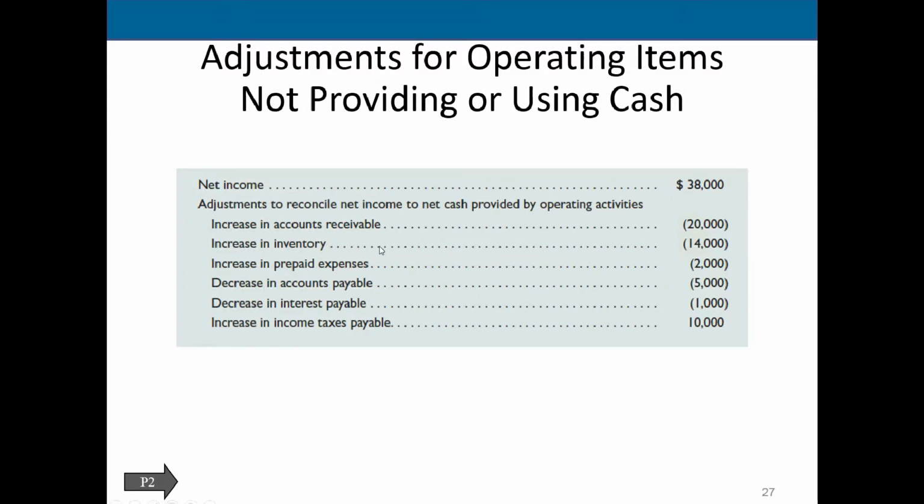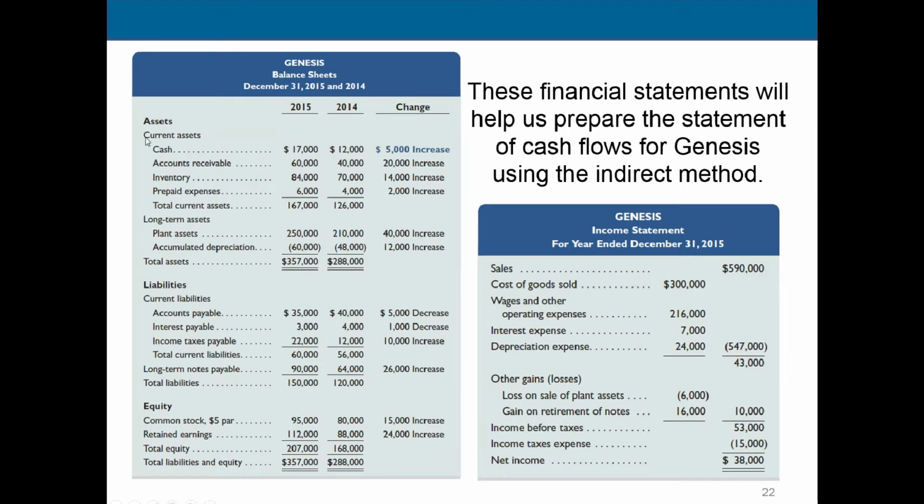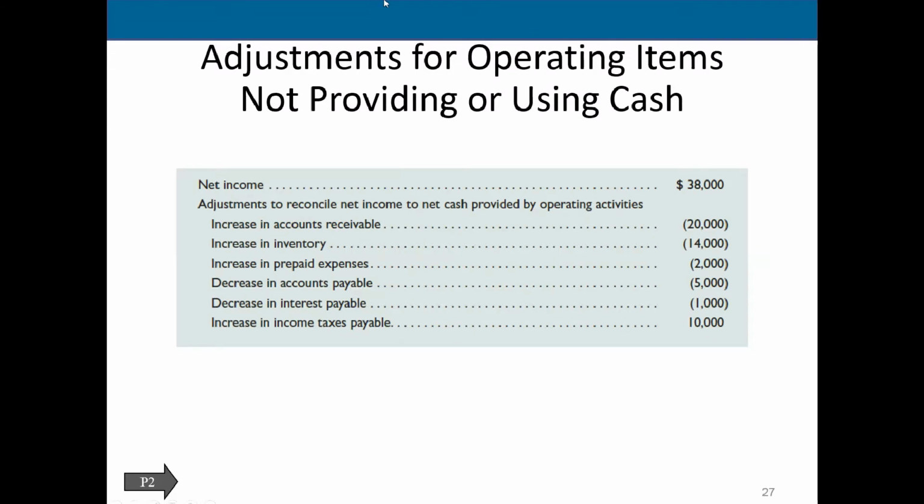And then we've got to start dealing with the change in non-cash current assets and current liabilities. Well, the first one it says is, hey, accounts receivable was on the increase. Let's look at that real quick. Here it is, accounts receivable was a $20,000 increase. What's the rule? The rule is that for current assets, we do the opposite.